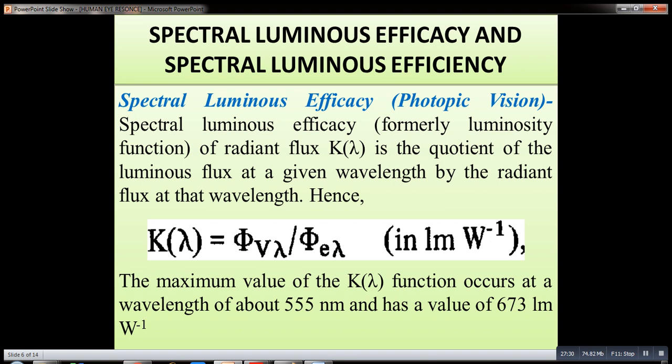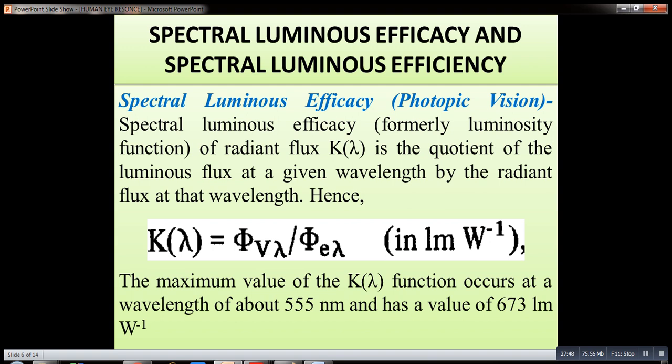But if the source is a monochromatic source, the eye will differ in responsivity for each wavelength of this source.